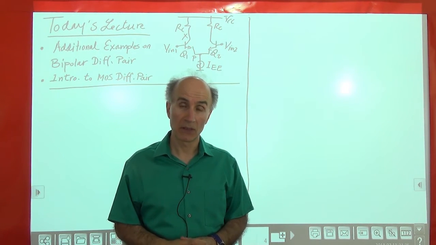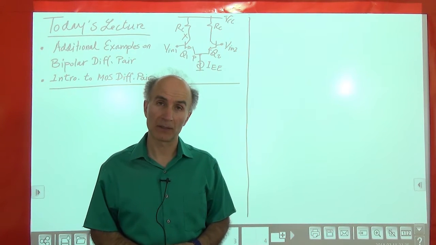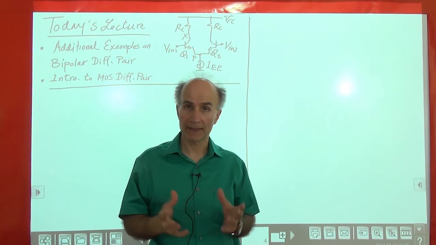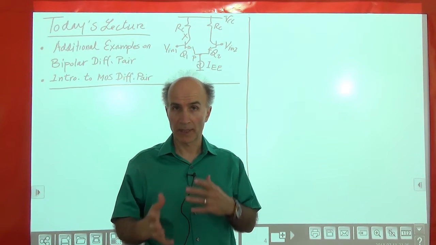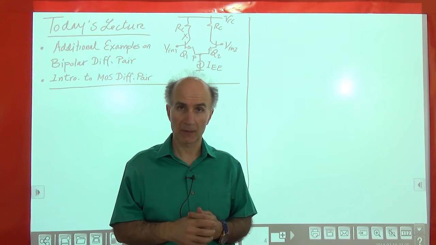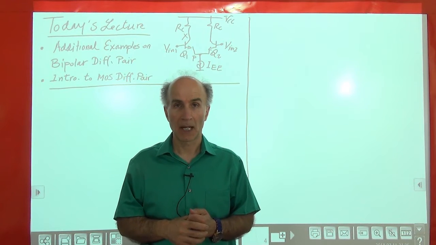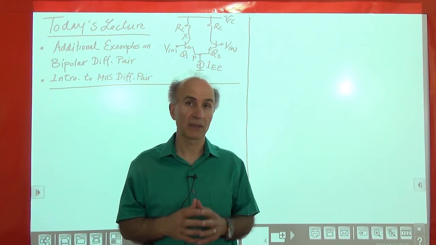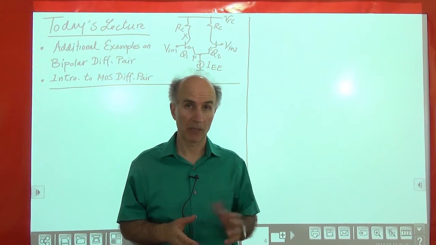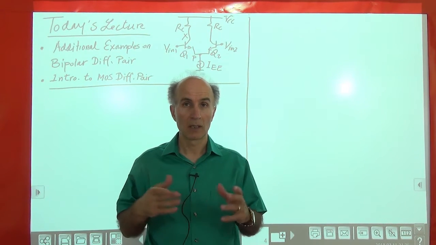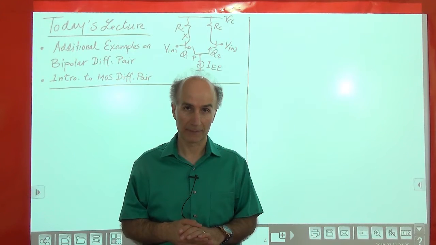Today we will continue to look at differential pairs and go over some more examples of the bipolar differential pair so that we get comfortable with the equations that we have derived so far. And then we will start looking at the MOS differential pair and see how that one behaves with respect to various types of input signals.